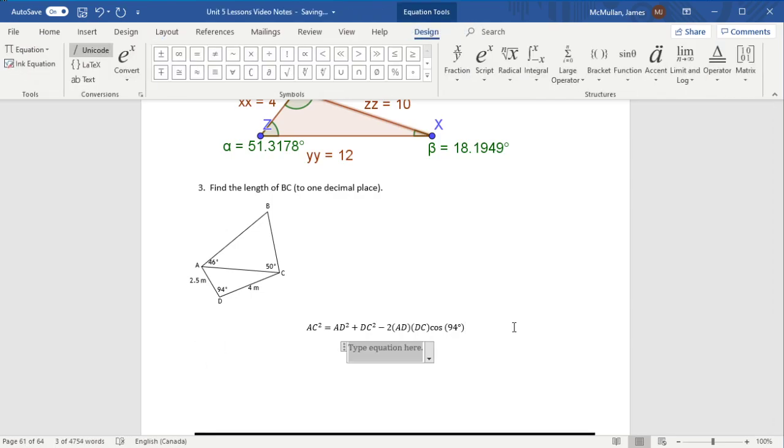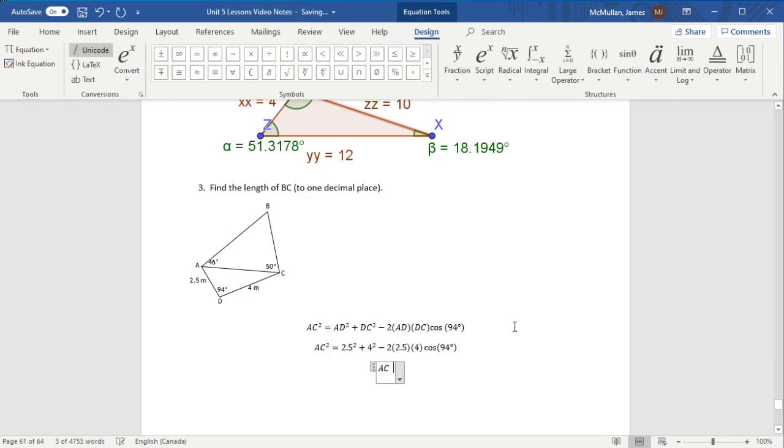So AC, I don't know what that is, so AC squared is equal to 2.5 squared plus 4 squared minus 2 times 2.5 times 4 cos 94.